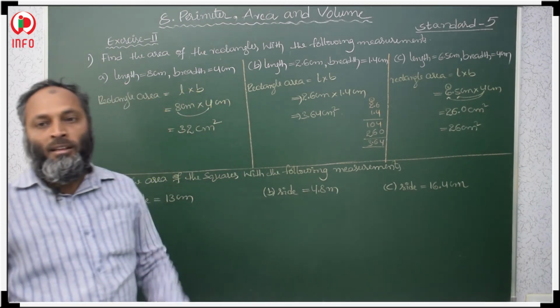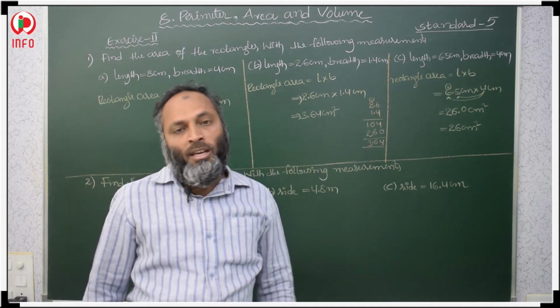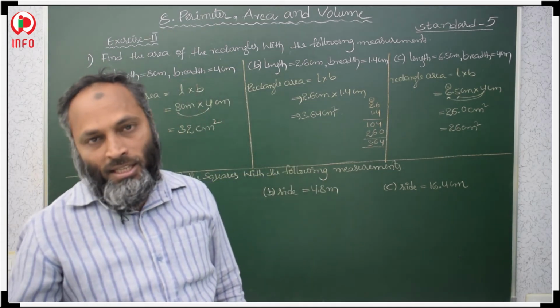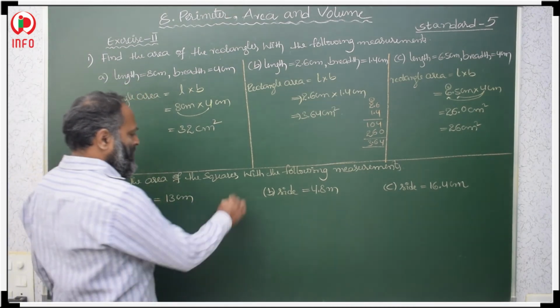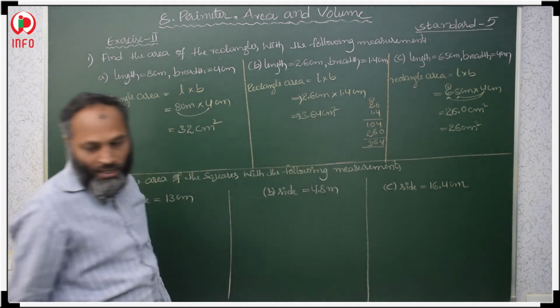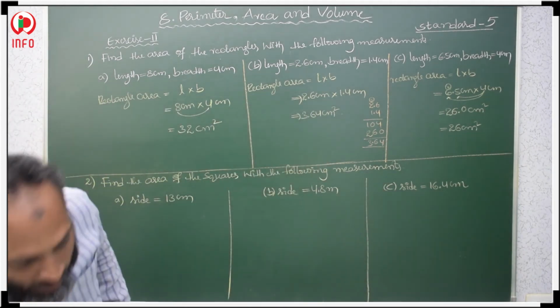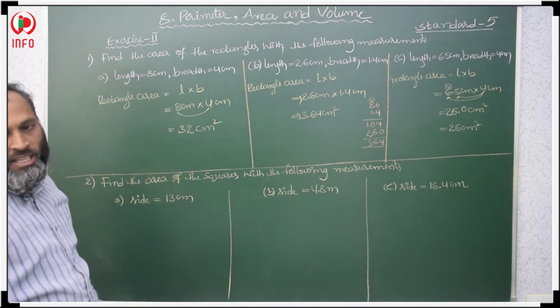Whenever rectangle is given, just multiply length into breadth, you will get your area. Okay. Now here, square is given, so we have to find square area. Square side is given. Here square side is 13 centimeters.